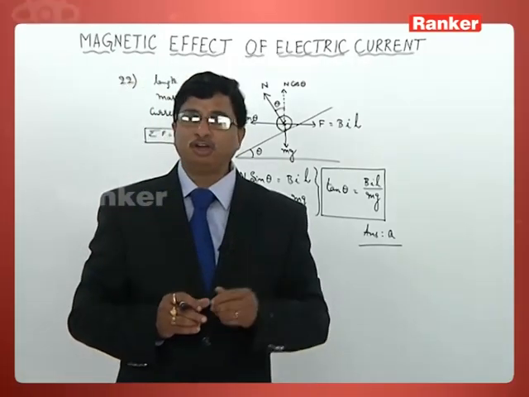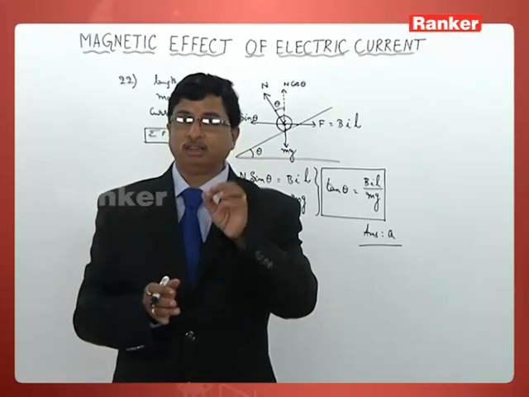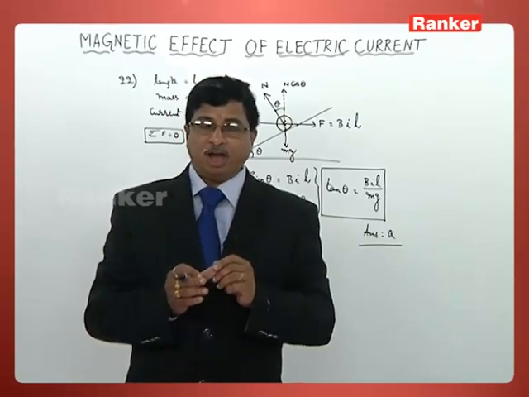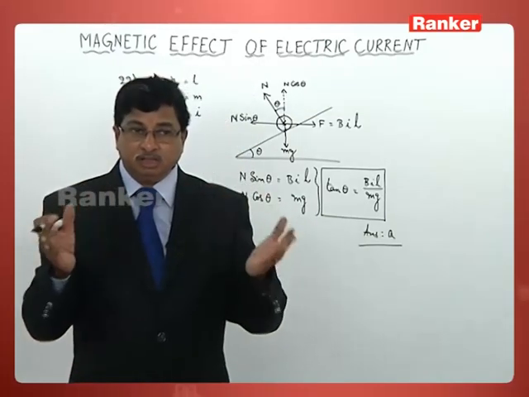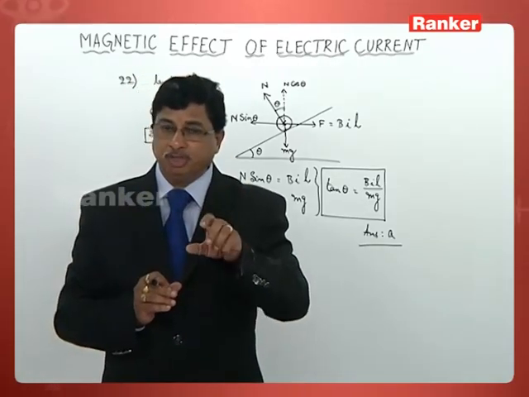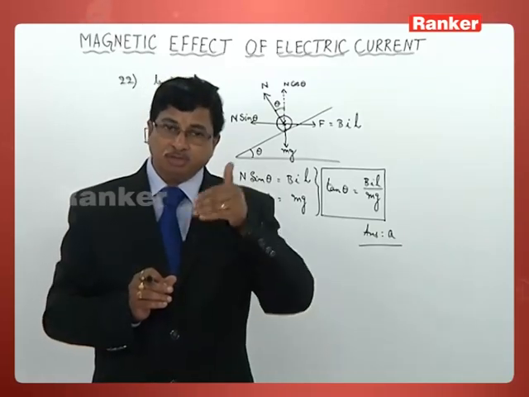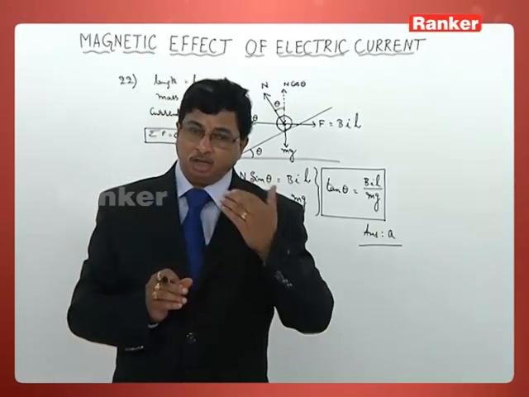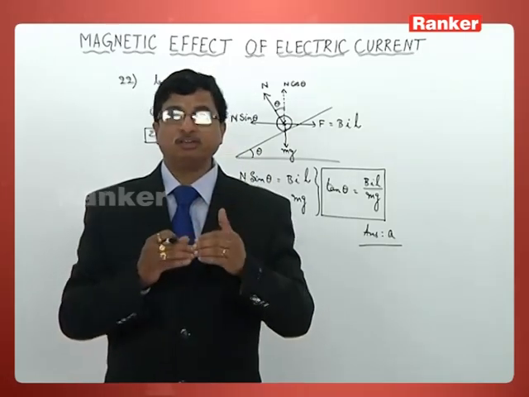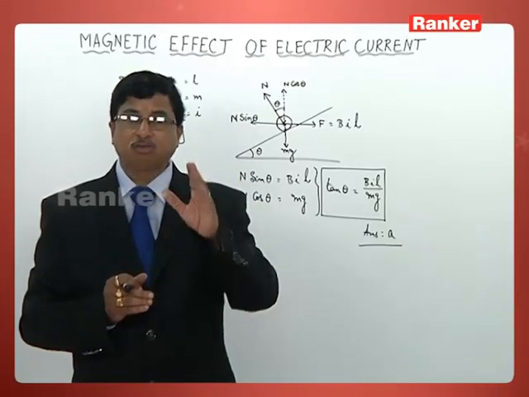The only thing you should understand is what are the possible forces acting on that current carrying conductor, what are their individual directions, and what is the condition for equilibrium. It is sigma F must be 0, that is, the algebraic sum of forces acting on a particular body. If it is 0, then one can say that the body will be remaining at equilibrium.